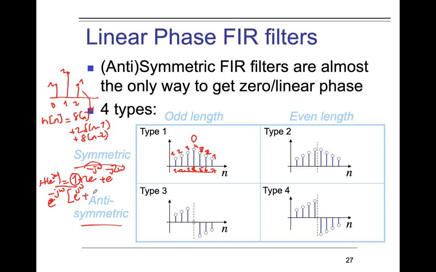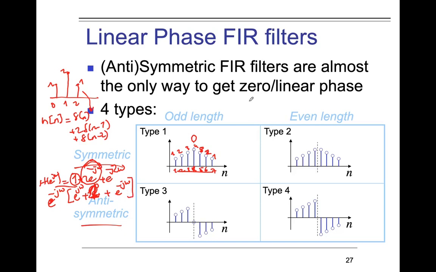What is my number here? It should be 1. Sorry, 2. 2 times e to the power j omega is what I have here, plus e to the power minus j omega.